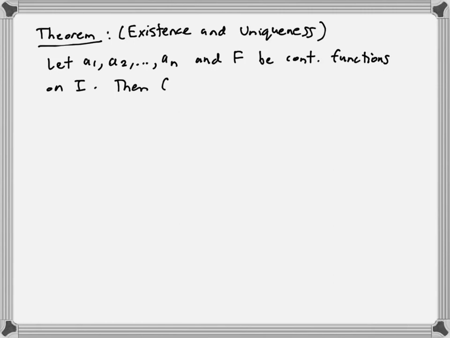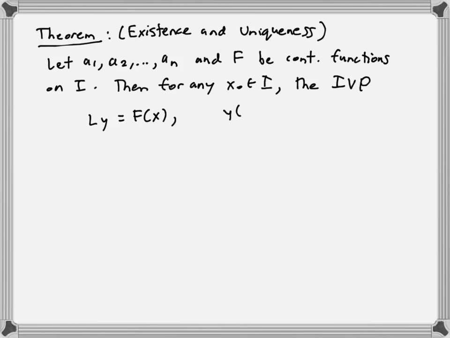Then for any x naught in I, the following IVP. I'm going to write the IVP right now. There's our IVP, and I need to write down a lot of initial conditions. So y of x naught is equal to y naught, y prime of x naught is equal to y1.